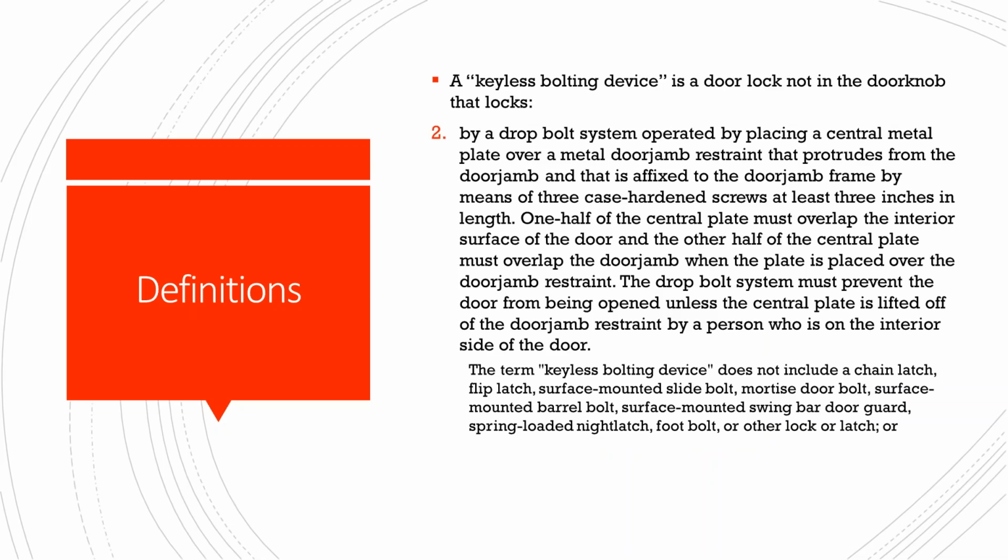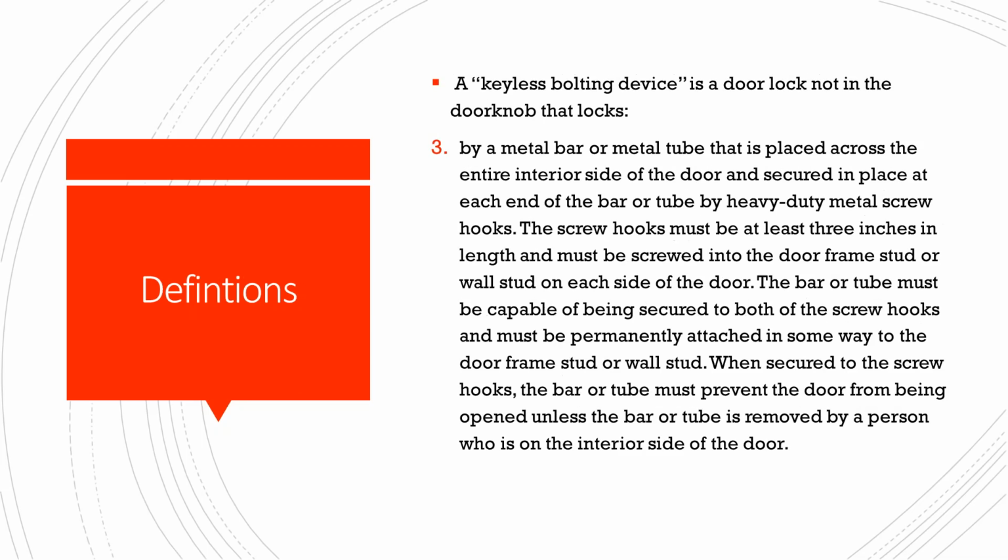You'll be thankful I'm not going to read that entire definition there, but the second option, which may not be as frequently used, is a door lock not in the doorknob that locks by a drop bolt system. Essentially that drop bolt system must prevent the door from being opened unless a central plate is lifted off of the door jamb restraint by a person who is on the interior side of the door. That's the second option.